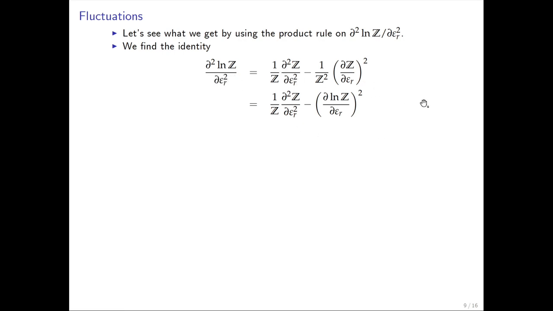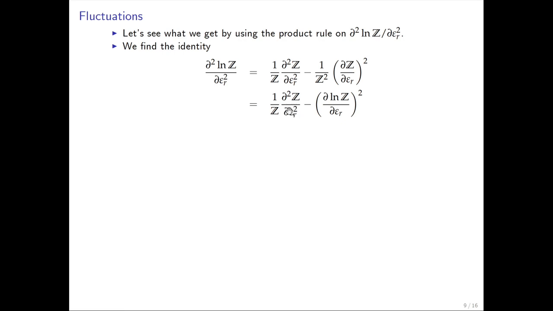And you have these two terms. You can easily see this term here is just the square of this term, and we probably recognize that already, but let's look at this other term.